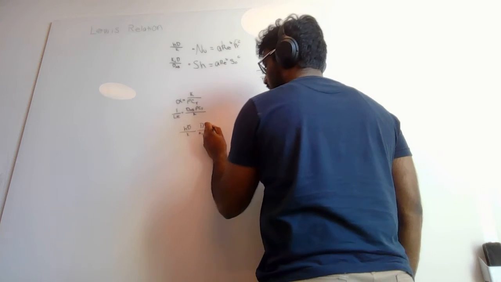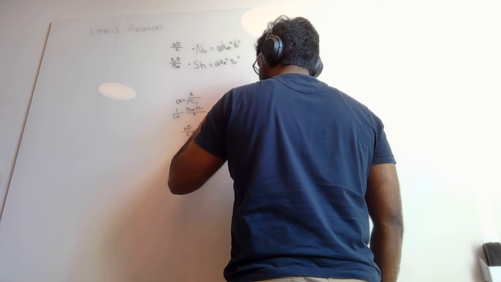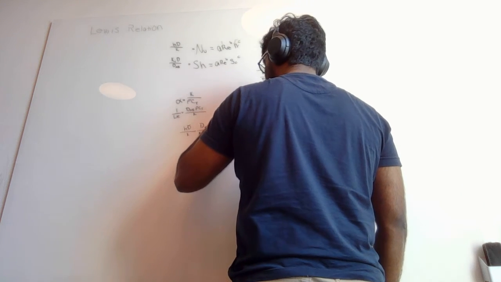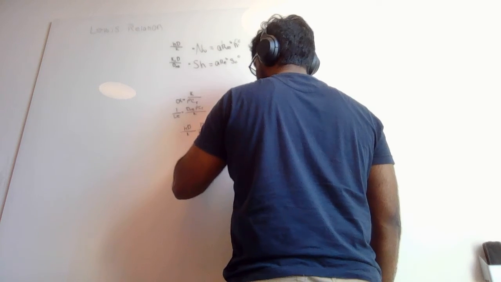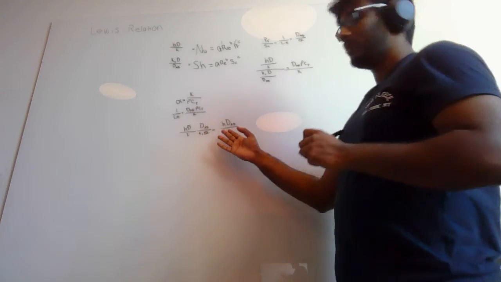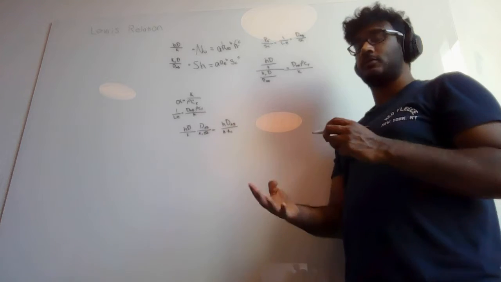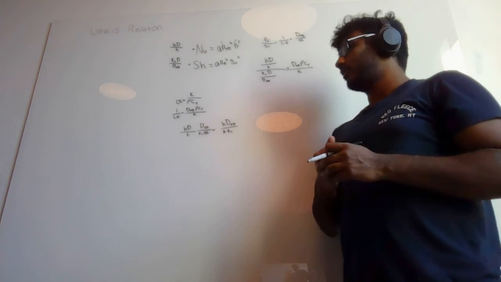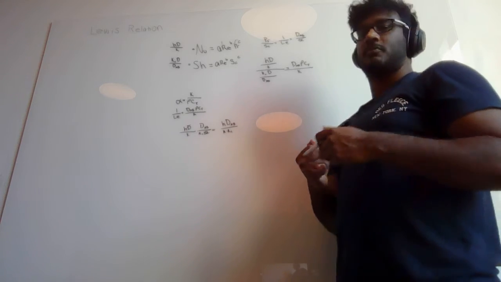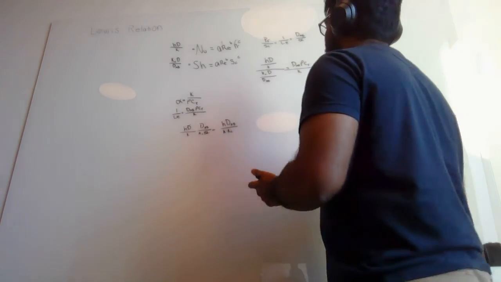You can go ahead and cancel out the diameters, and now we're left with h times dAB over k times Kc. So our heat transfer coefficient times concentration diffusivity from A to B, all divided by our thermal conductivity times the mass transfer coefficient, Kc.